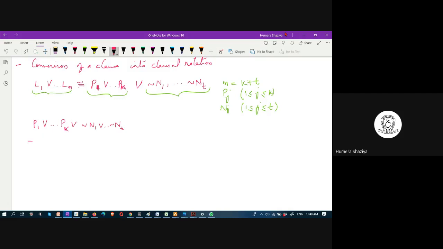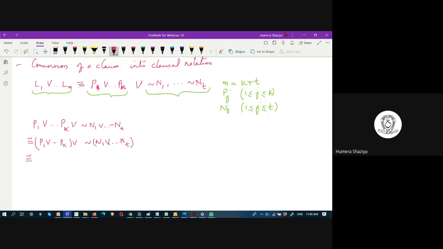This can also be written as P1 union up to Pk union not N1 union up to Nt.